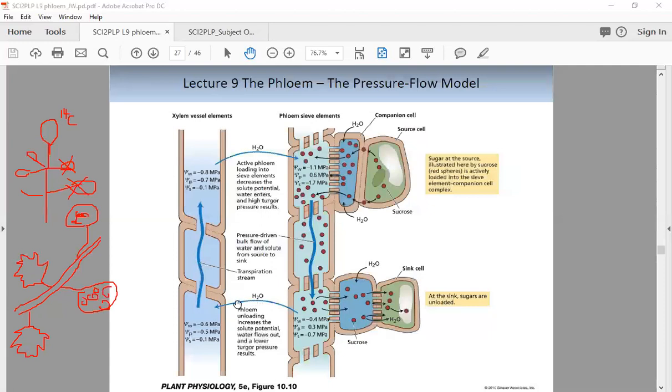So water will actually move out of the phloem back into the xylem. So this basically describes the movement, translocation in the phloem. This would be a very good slide to study, and of course the description also on the previous slide. But I think the descriptions here are sufficient to explain the pressure flow model.